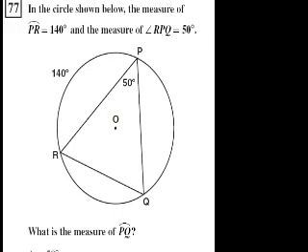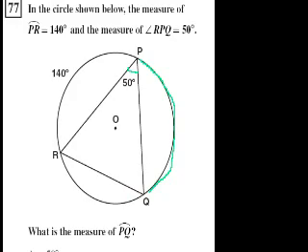Problem 77. In the circle shown below, the measure of arc PR is 140 degrees, and the measure of angle RPQ is 50 degrees. What is the measure of arc PQ? What is this arc right there?